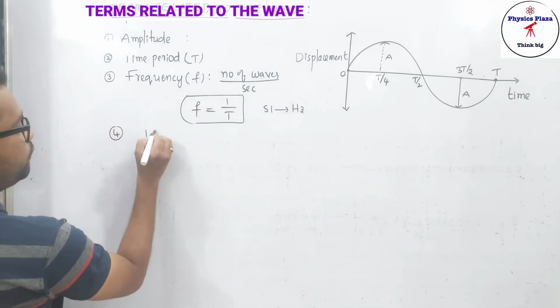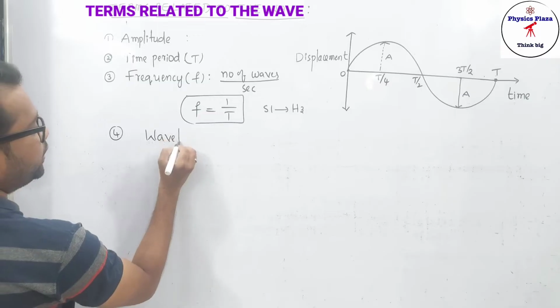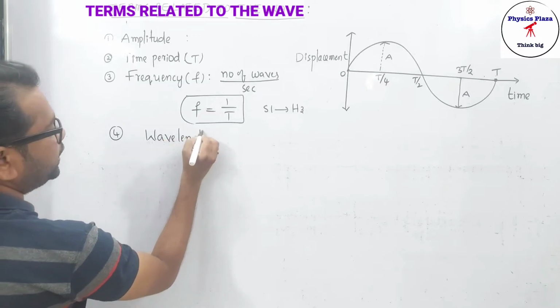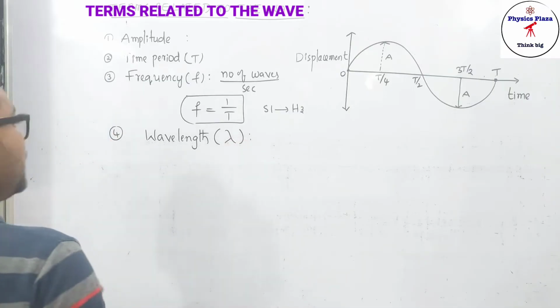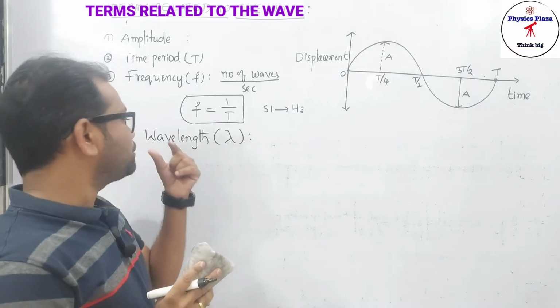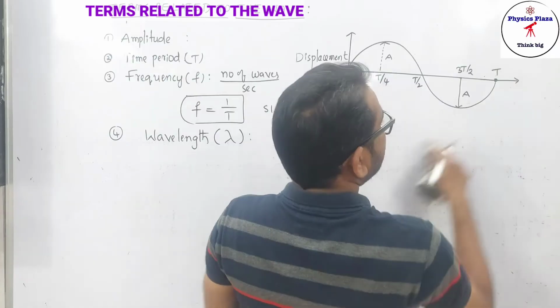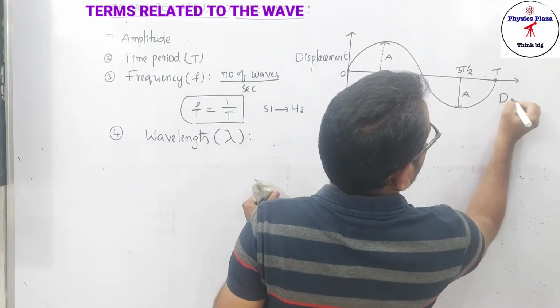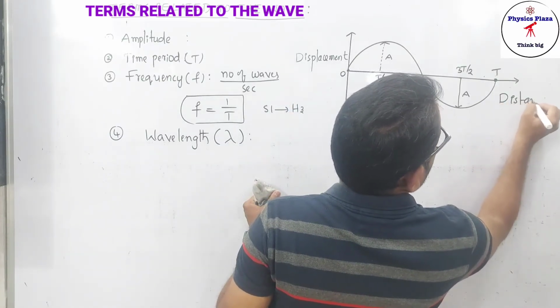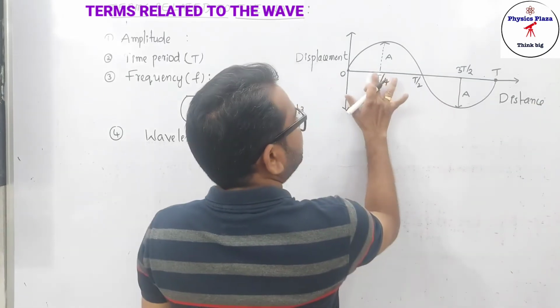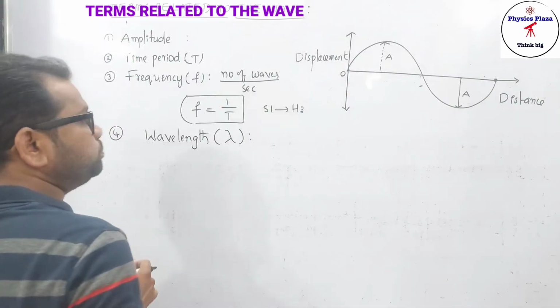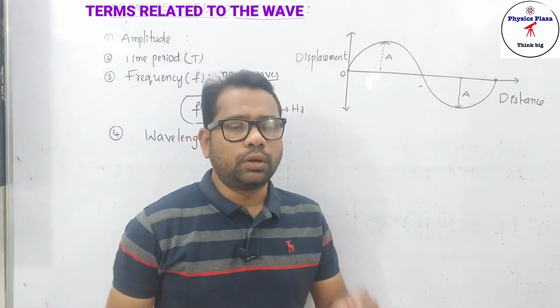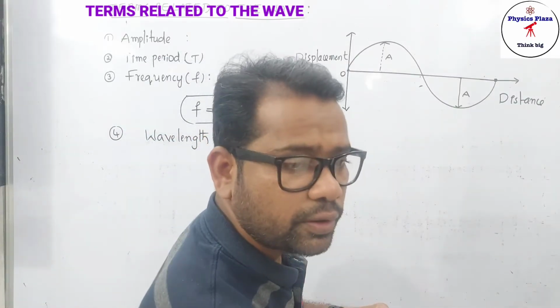One more very, very important term: wavelength. It is represented with lambda. To discuss wavelength, we need to take the displacement-distance graph.